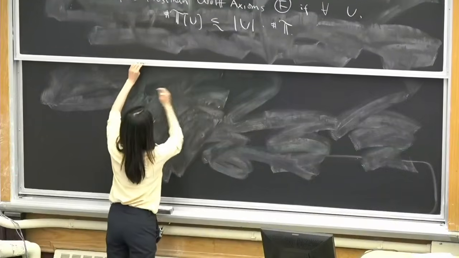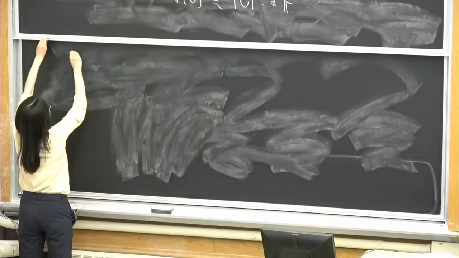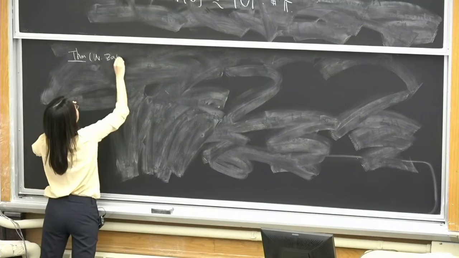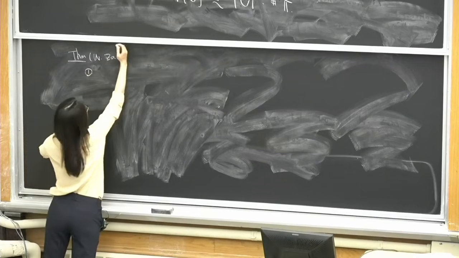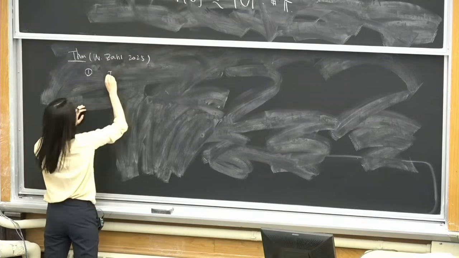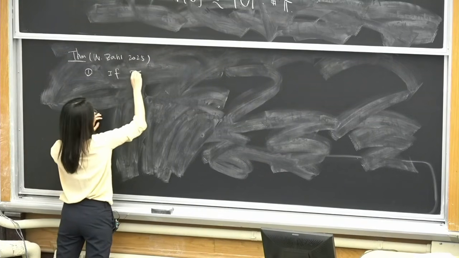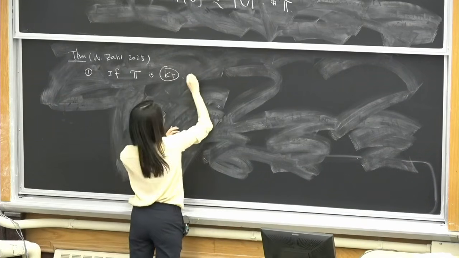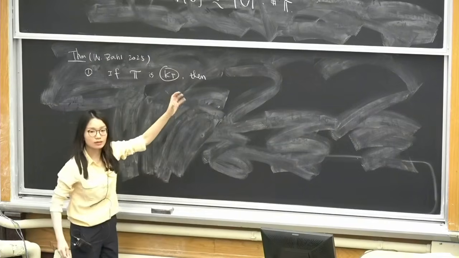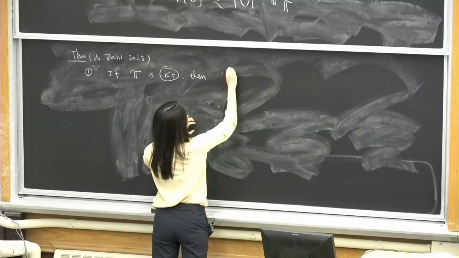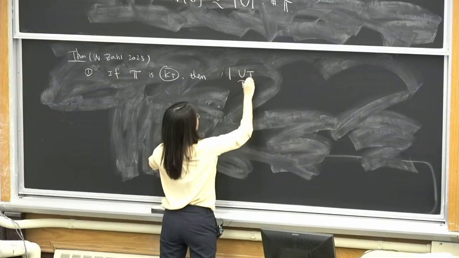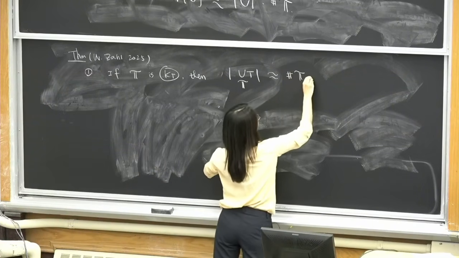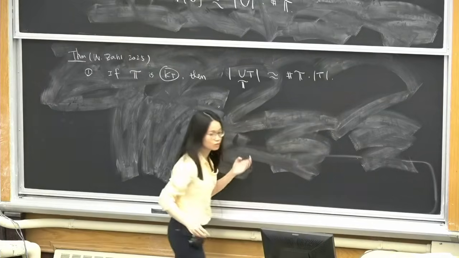Is the following. We show that if the tubes satisfy the Katz-Tao-Wolff axiom, then they should be essentially disjoint. This means that the union of those tubes has volume approximately the number of tubes times the volume of a single tube.